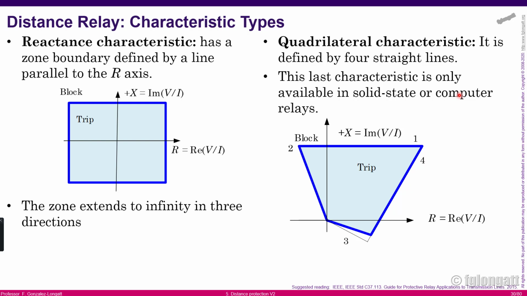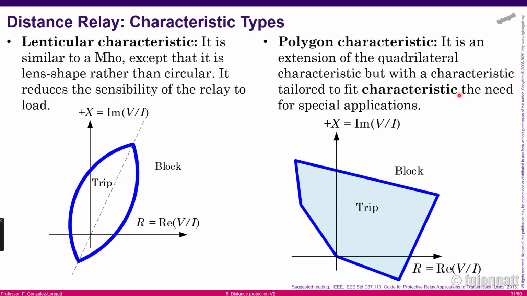What is the idea of this strange characteristic? Well, you get flexibility defining the corners of that quadrilateral characteristic, and that adds flexibility at the moment of coordinating multiple distance relays.